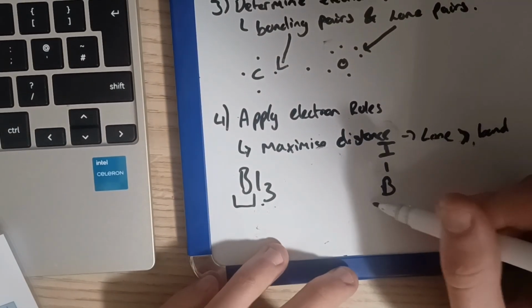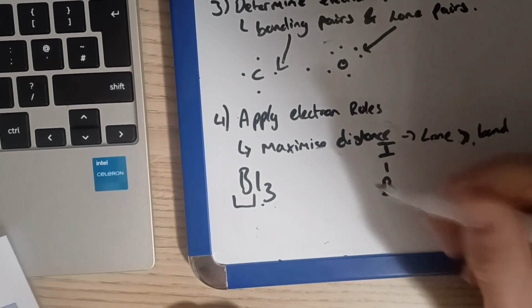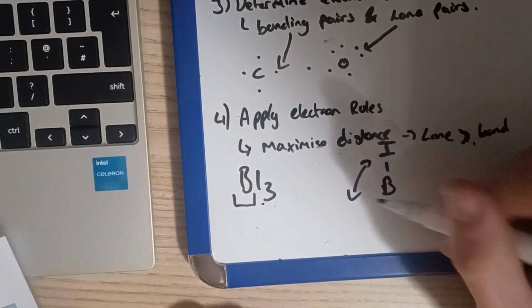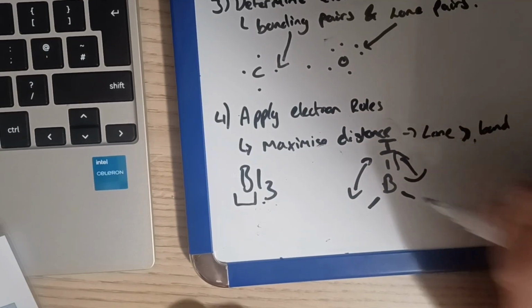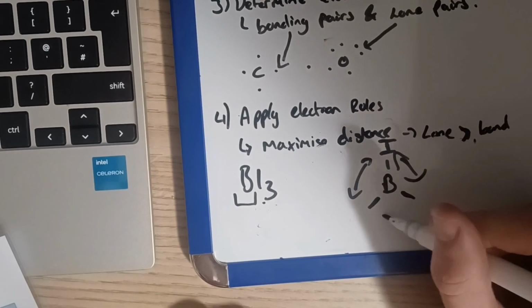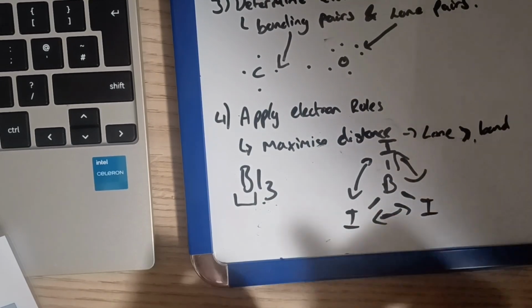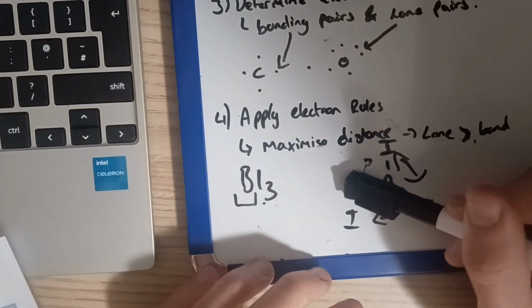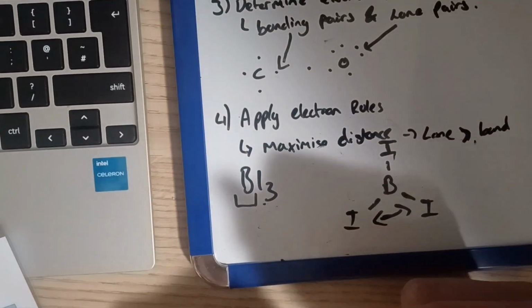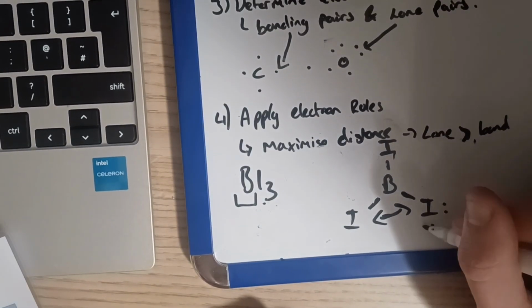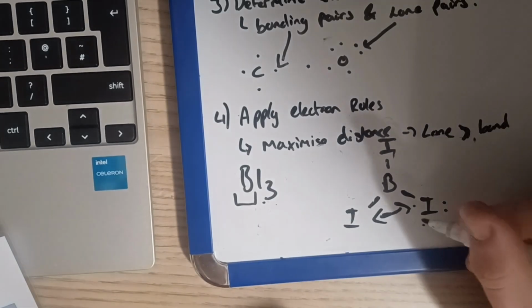Now it needs to be even on both sides so that both repels. So this way can repel as much as this way. And these repel in the same manner, giving us oh, I have a triple lone pair, that's silly.